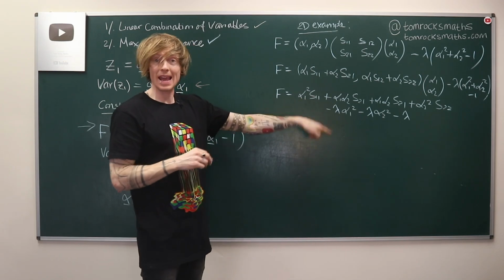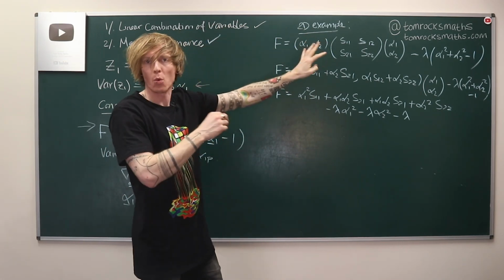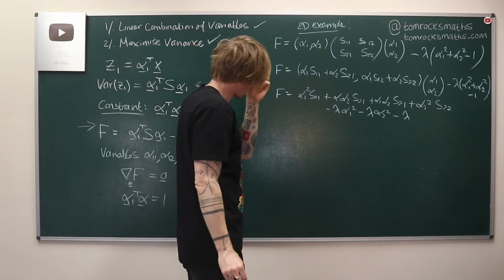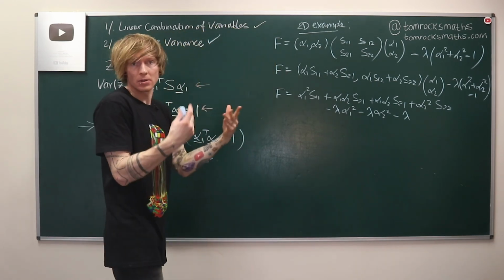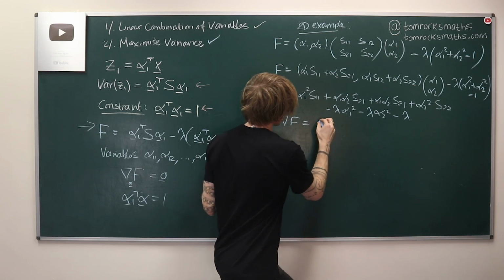So this is our explicit F in the case of two variables where we're just trying to find one principal component.